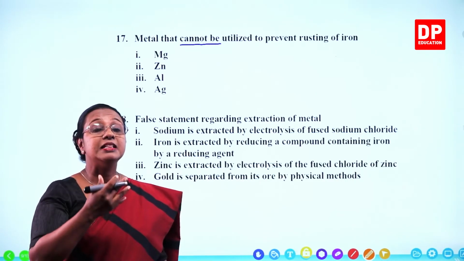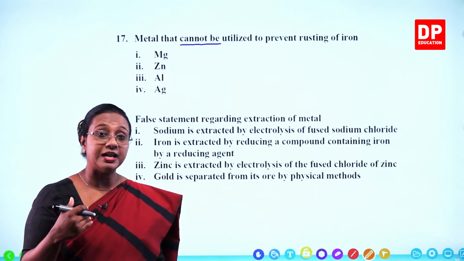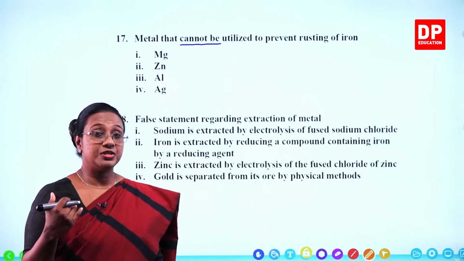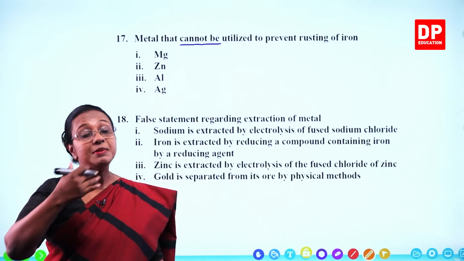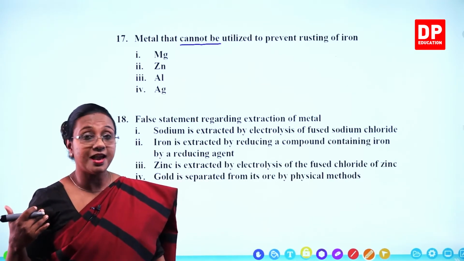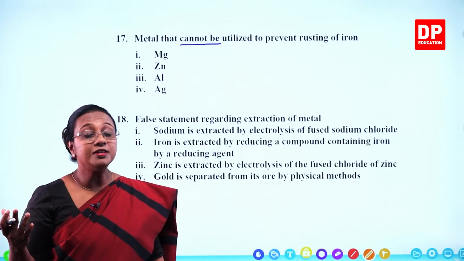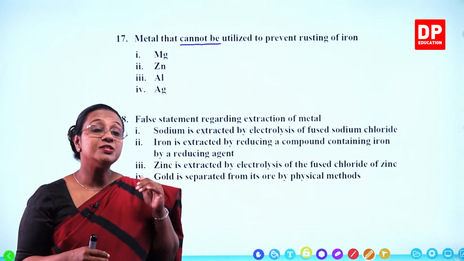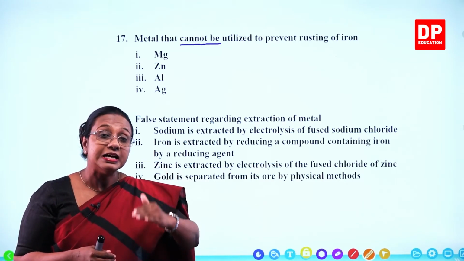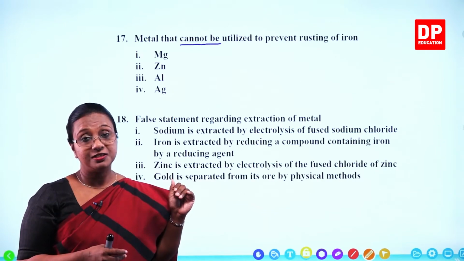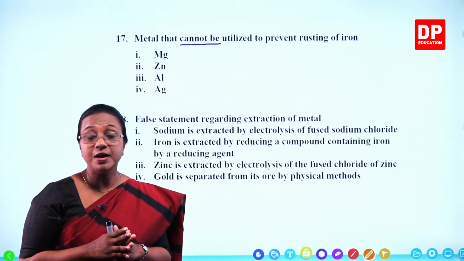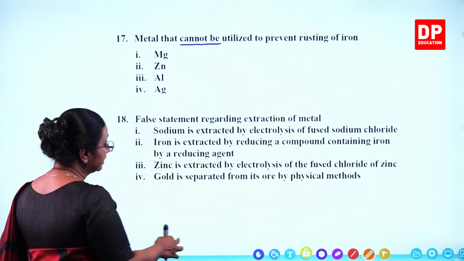Because of that, they can be used to protect iron from the rusting process. But the metals that are below iron, they are less reactive than iron. So, they are not that useful. So, always we choose a metal that is above iron in the activity series to protect iron from rusting. So, look at the elements.